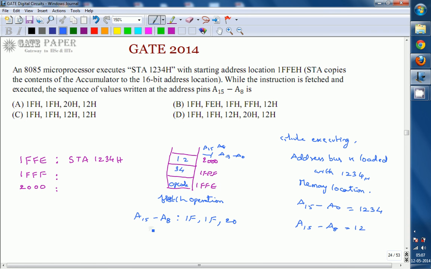So the sequence of address pins at A15 to A8 is, initially for the fetch operation, 1F, 1F, 20, and then during execution the address pins carry 12 in A15 to A8. So the right answer for this question is A: 1F, 1F, 20, 12.